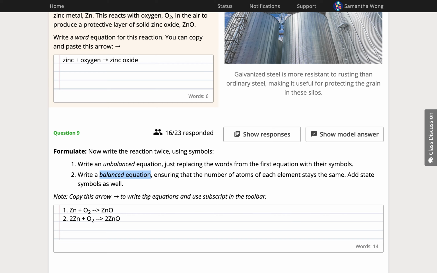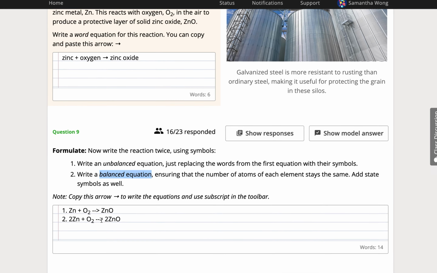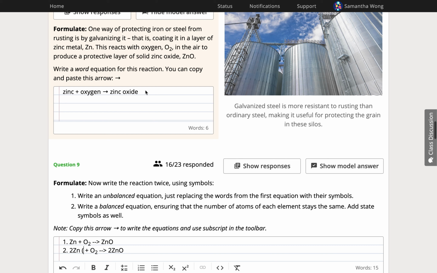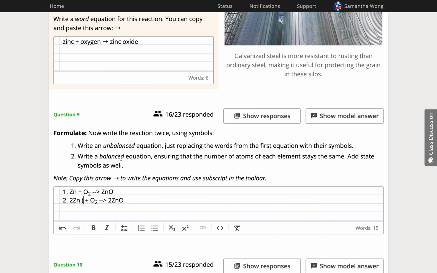The only thing we're now missing is your state symbols as well. So zinc, we know, is our metal, and our metal is solid. So we're just going to go ahead and put a little S there. Oxygen, we know, is a gas.